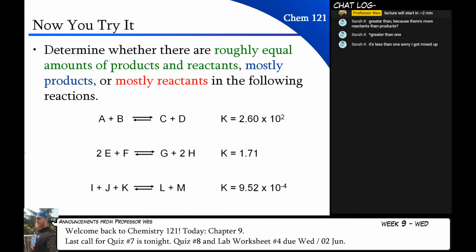All right, so I have put 3 reactions on the screen here. I just put random letters to represent these things combining. What I want you to do is tell me, what is there most of in each flask? So for flask number 1, number 2, number 3: is there mostly A and B, or mostly C and D, or roughly the same of both? Use the equilibrium constants to determine that.